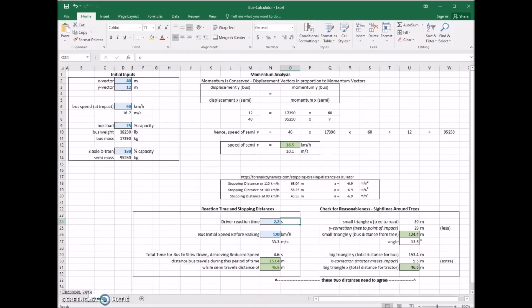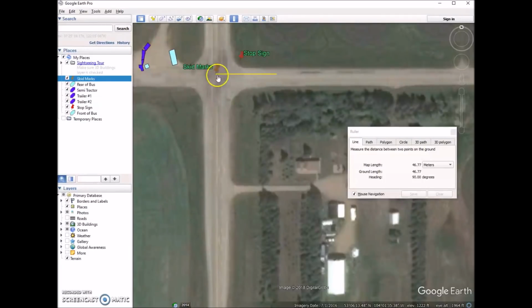Oh, that's from the tractor, so I've got to move it over. The tractor's out here, 46.5. Yeah, so let's change this to path. The tractor goes from here to here, and the bus is down here. Yes, it just clears the tree.